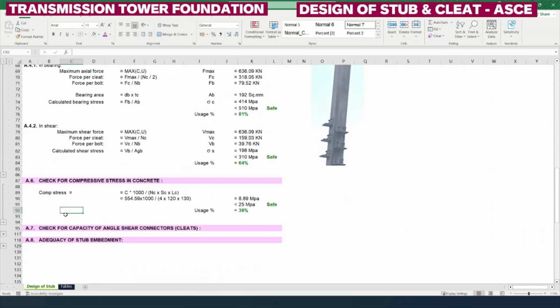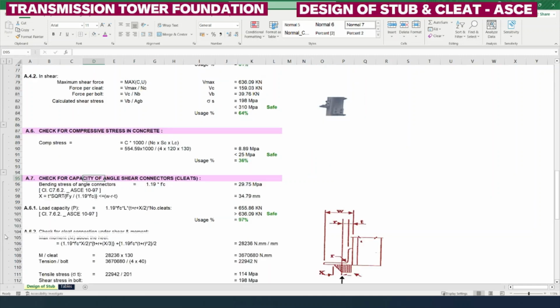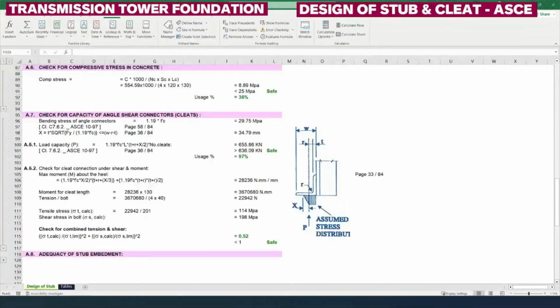Now we are going to the next step, the 7th step, check for capacity of angle shear connectors. In this check we need to find the bending stress of the angle connectors. Bending stress is 1.19 into FC. FC is the characteristic strength of concrete.